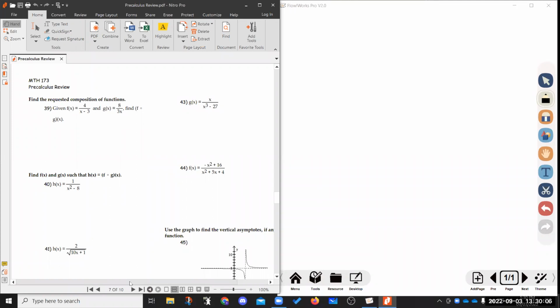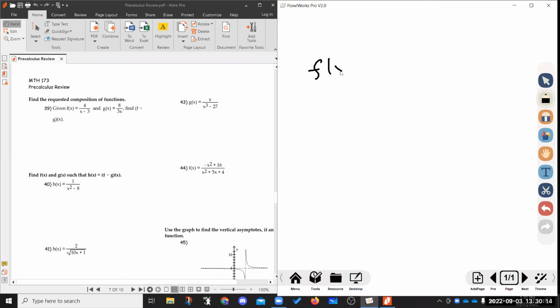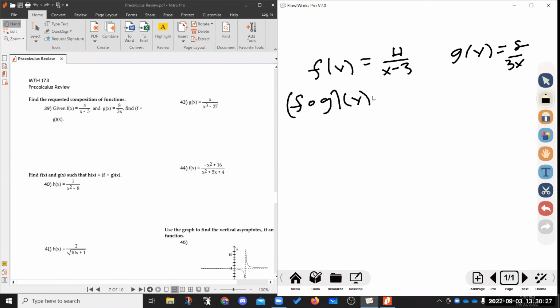Find the required composition of functions. So this one says f of x is equal to 4 over x minus 3. g of x equals 8 over 3x, and they want us to find f of g of x, where g is the inner function and f is the outer function.